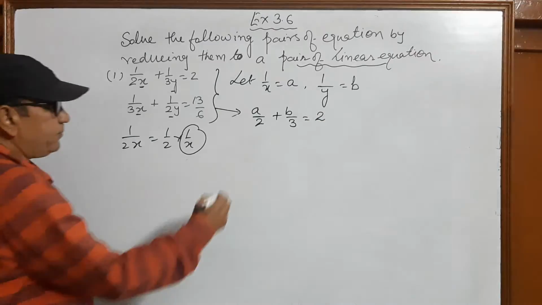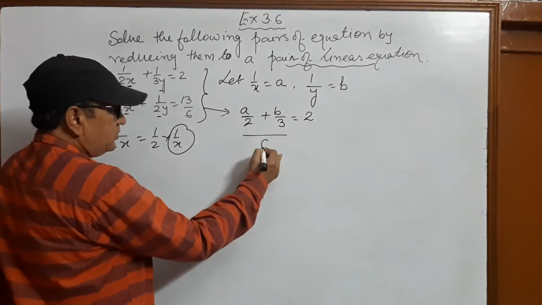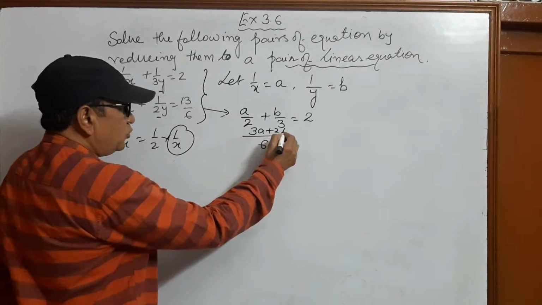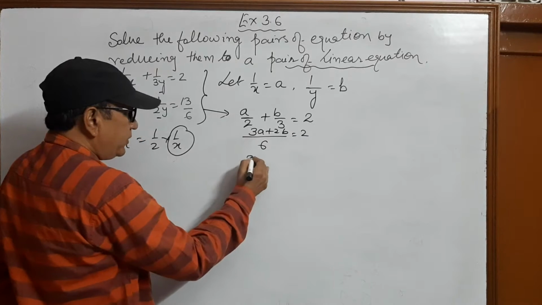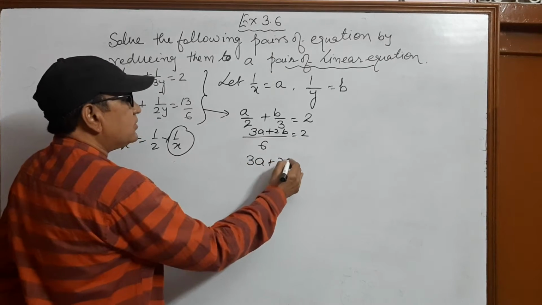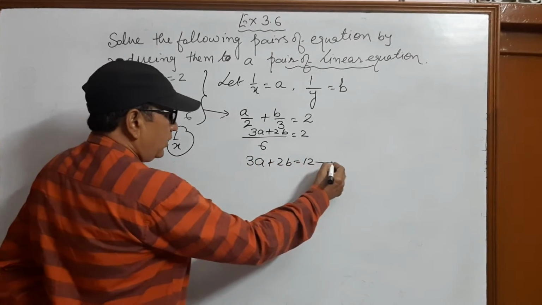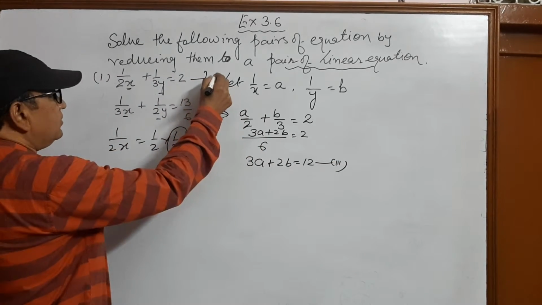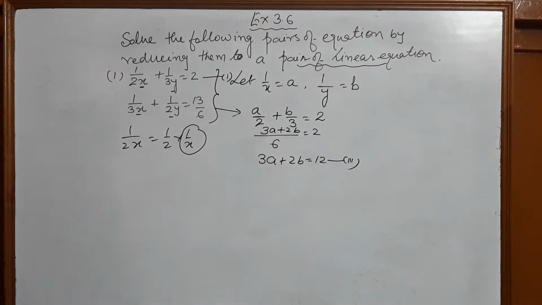Now simplify. LCM of 2 and 3 is 6. So 3a plus 2b equals 12. Now this is the third equation, because we changed the first equation into a linear equation.